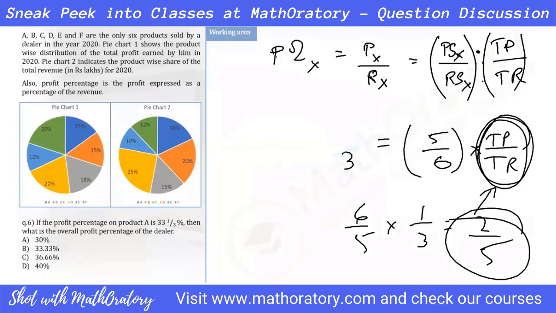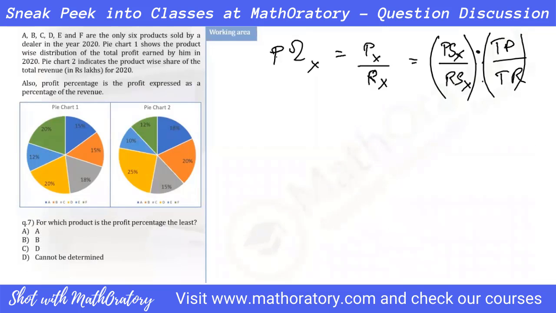Let me move to the next one. This is looking for which product the profit percentage is the least. Now again, notice this. This is what I mentioned initially. Cannot be determined is a silly option here, because we can determine this first of all. Because we had this cannot be determined, it simplifies my effort in this question a little bit, because now all I have to test is A, B, D. I don't have to test the other three products at all.